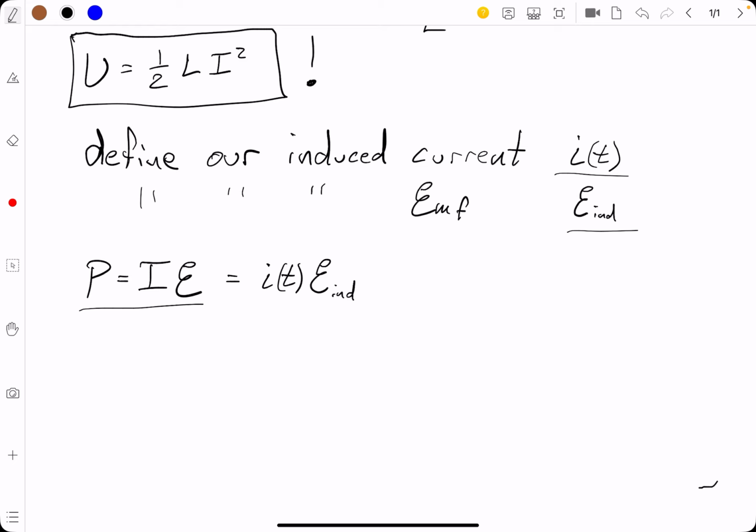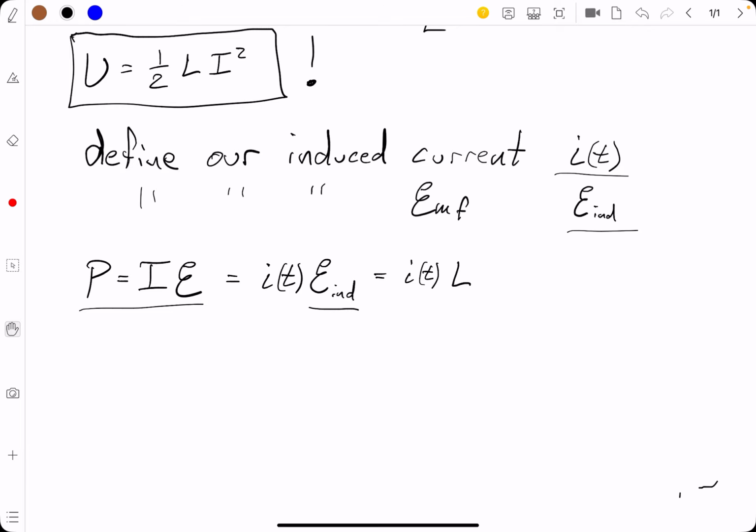And now we can insert our power equivalence by putting in our E induced. So I'm going to write i of t times our E induced. But what is E induced? It's positive, first of all, and then it's also the derivative.